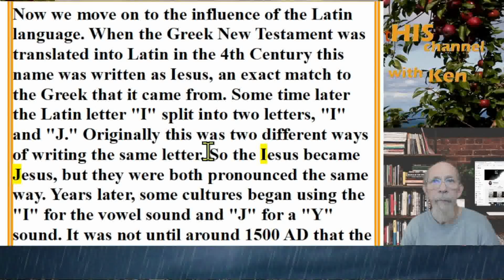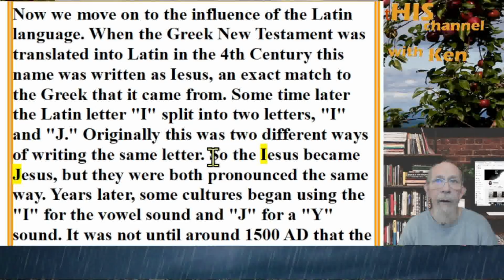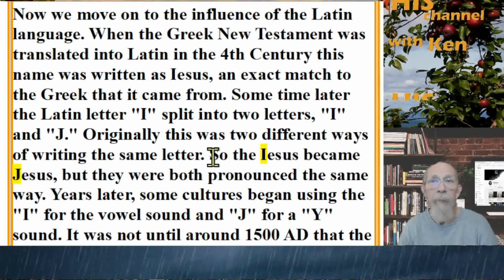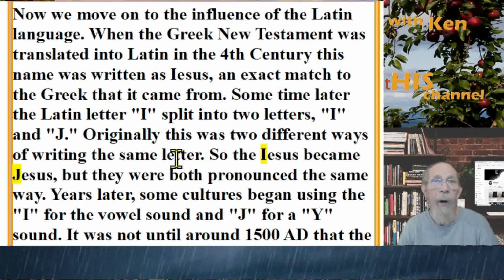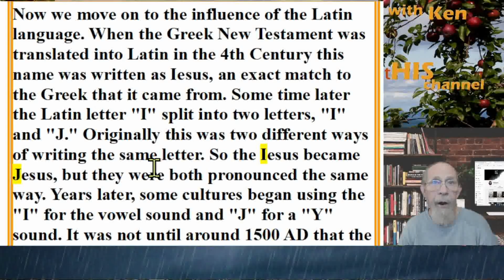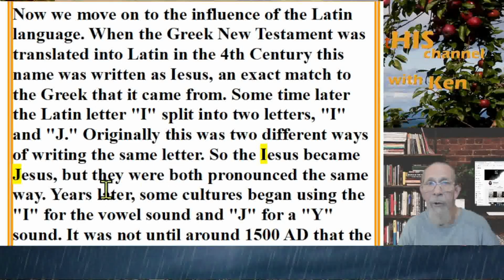So the I in Iesous made the same sound as the J in Iesous, but they started spelling it J, E-S-U-S, instead of the I. But they were both pronounced at that time in the same way.